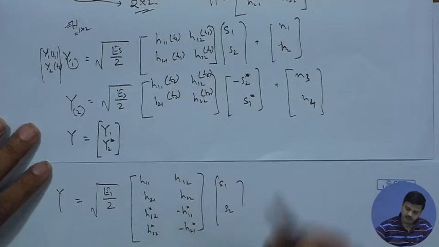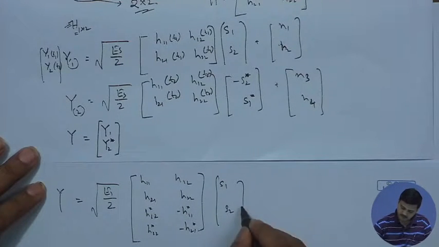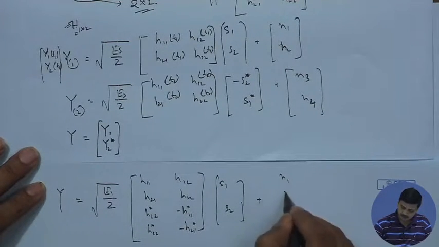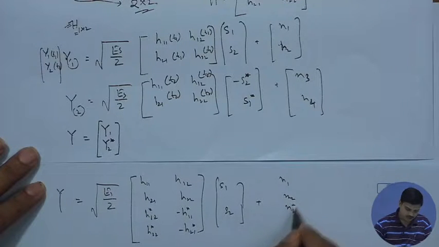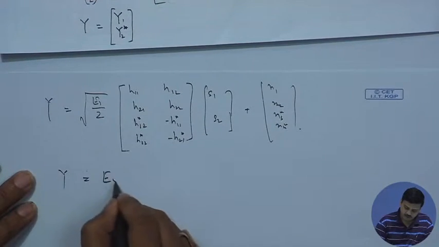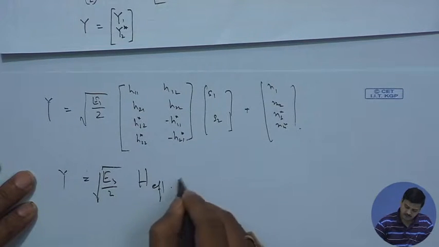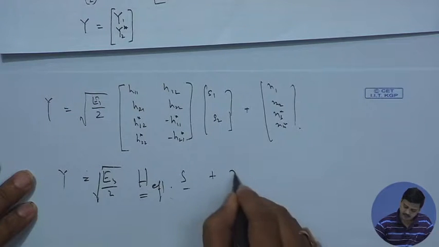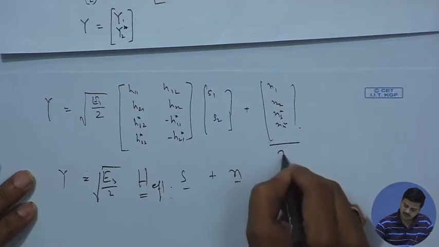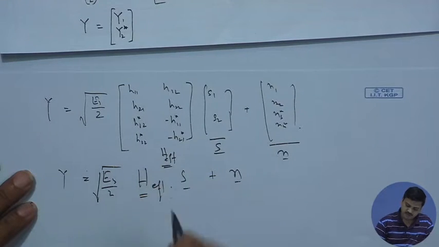So we take the minus sign inside it. The expression would appear in this form, plus N1, N2, N3 conjugate, N4 conjugate. So it's basically again Y equals root over ES by 2 times H effective times S plus N, where this is the vector N, this is the S vector, and this is the H effective matrix.